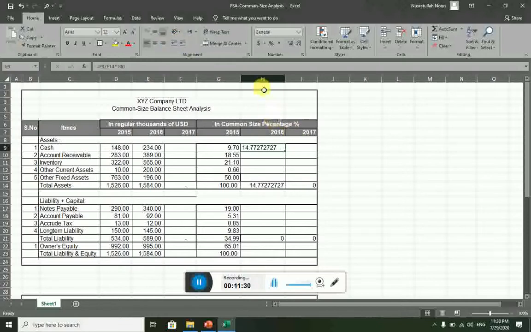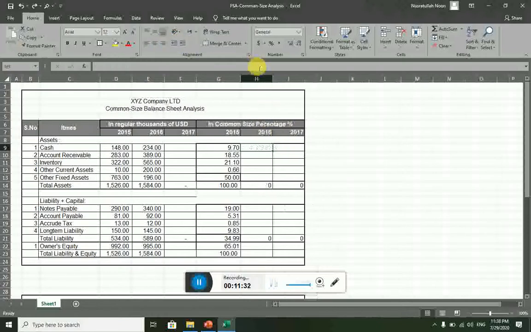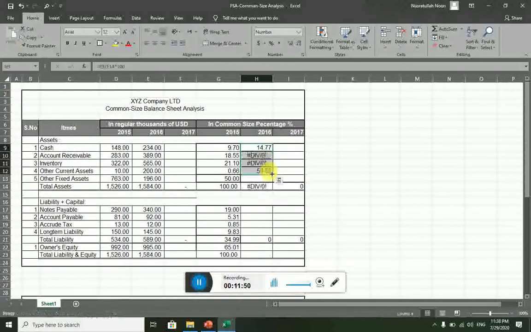Let's reduce it to two decimals, 14.7%. Similarly, we can drag and drop. Okay, subtotal divided by grand total and multiplied by 100, right?